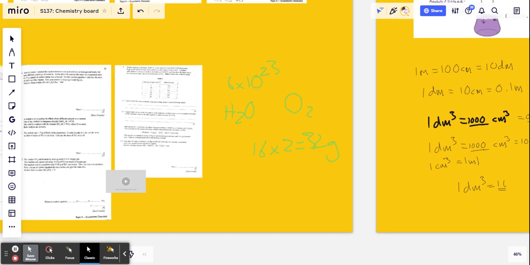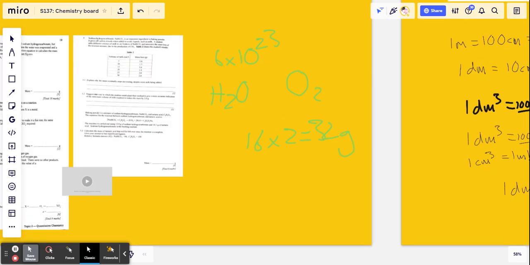Now, studying this a little bit more, what is so special about this number, 6 times 10 to the power 23? Well, it just so happens that when I use that number of atoms, the mass ends up being the same as the mass number. So oxygen has a mass number of 16.